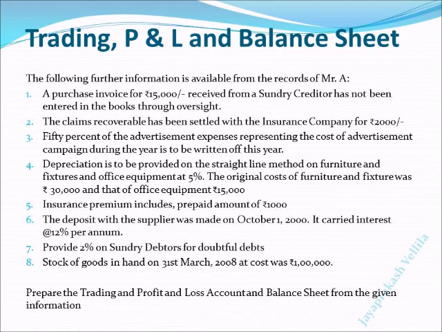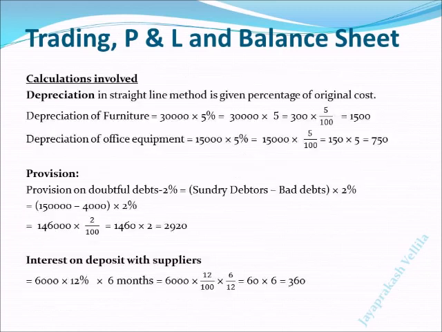First we find the depreciation at the rate on the original cost. That same amount should be deducted every year. That is the straight line method. So as per calculation, depreciation of furniture is 30,000 into 5% is equal to 30,000 into 5 by 100, which is 300 into 5, equal to 1,500.